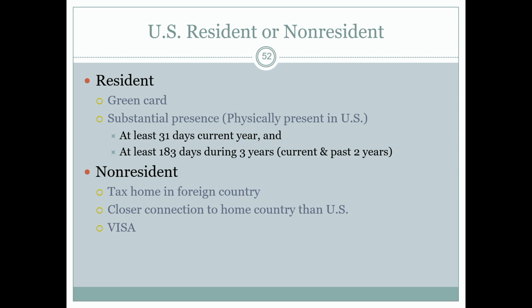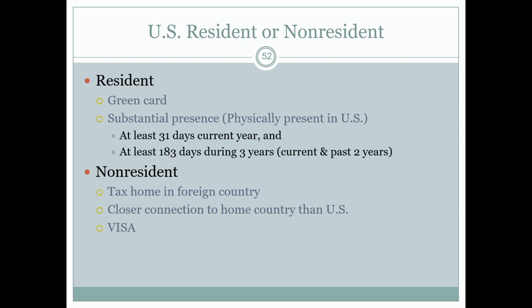Instead of asking them if they were here 31 days of the current year and at least 183 days during the prior 3 years, I basically just asked them how long they've been in the United States, and I don't ever remember anyone who had been here less than 3 years and pretty much had been here the whole time, except for very short visits back home. So based on that, I do consider them to be a resident for tax purposes.